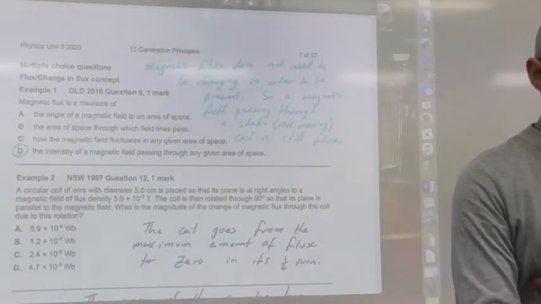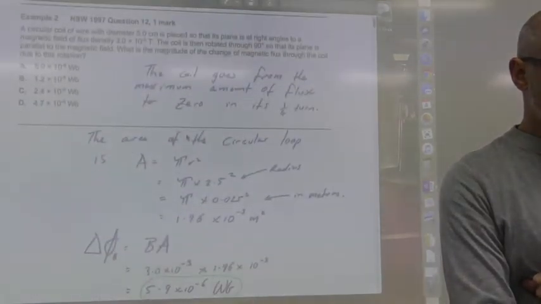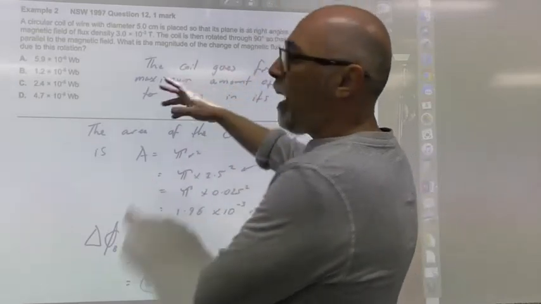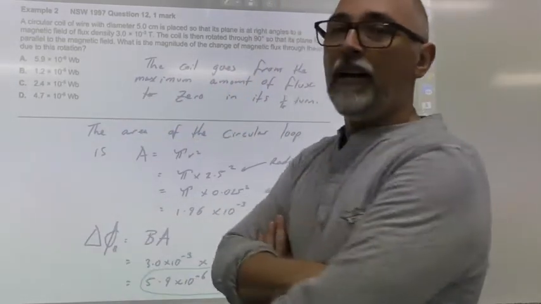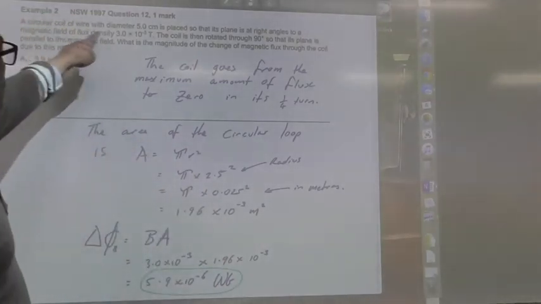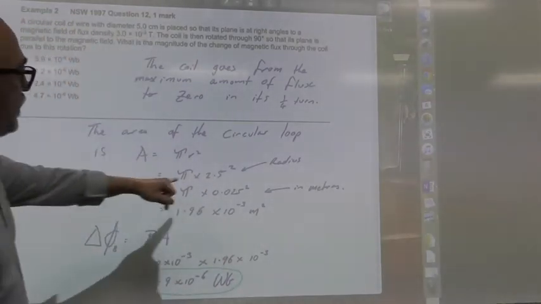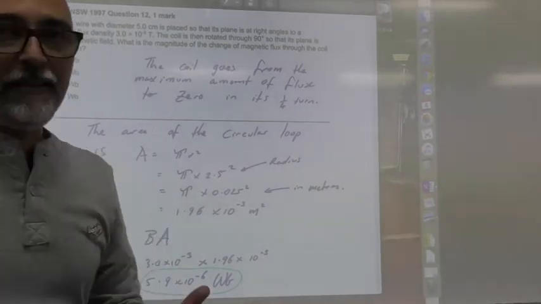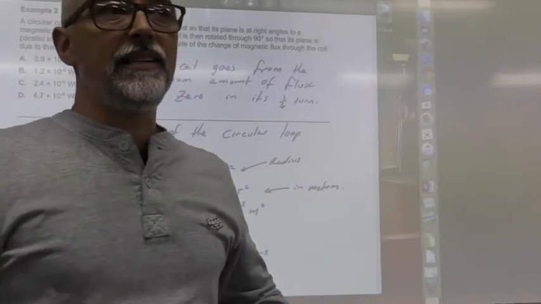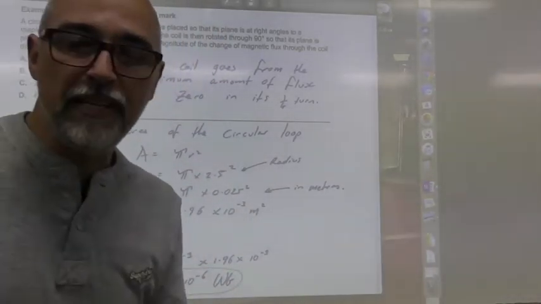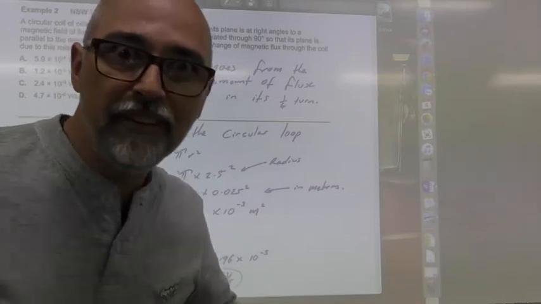If we move up to the next example here, example 2, just a basic application of the flux formula. Flux is equal to BA, so they've given you a wire with a diameter of 5 centimeters, which means it has, just don't forget, which someone always does, and it's incredibly frustrating when you see centimeters. We don't use centimeters ever, okay? Ever, right?